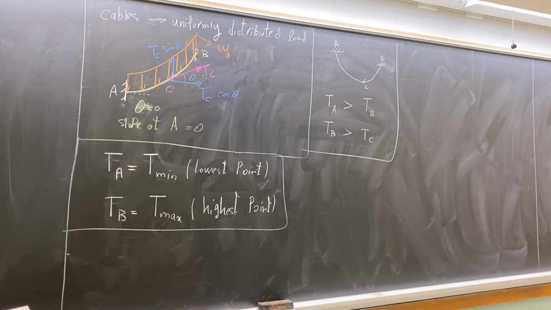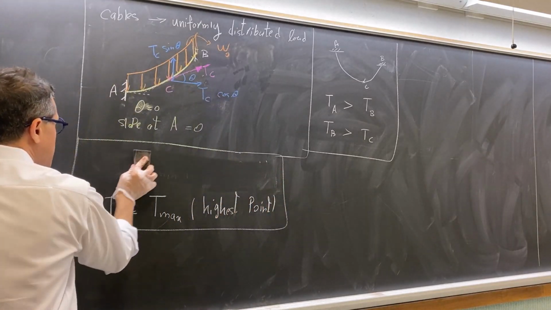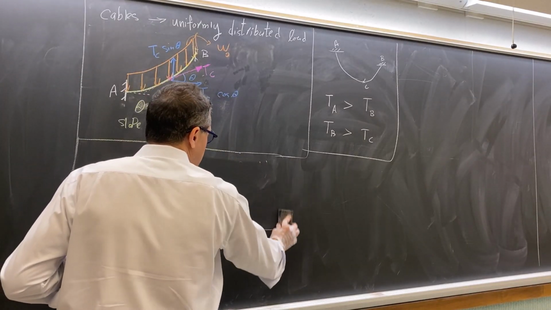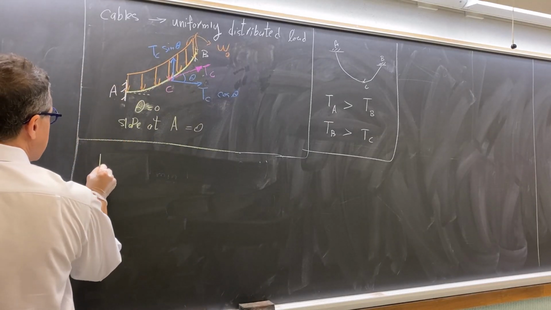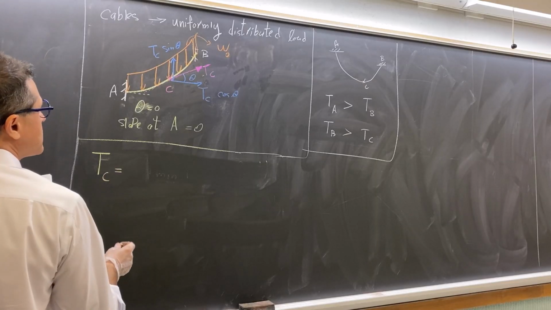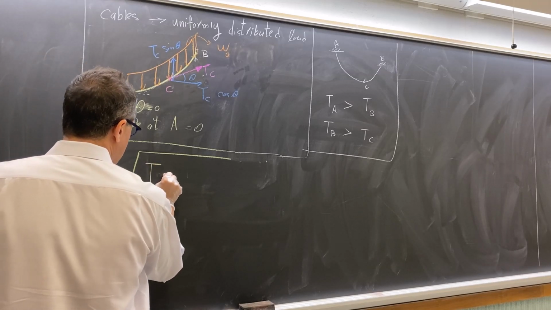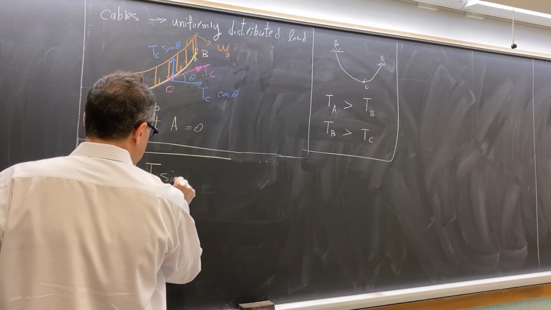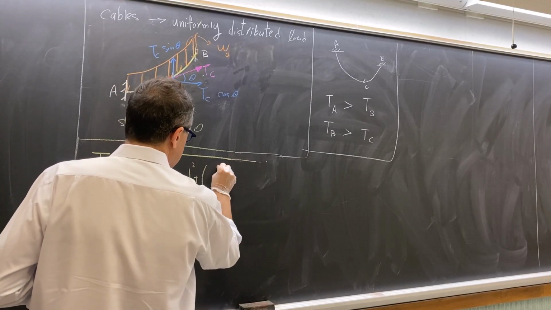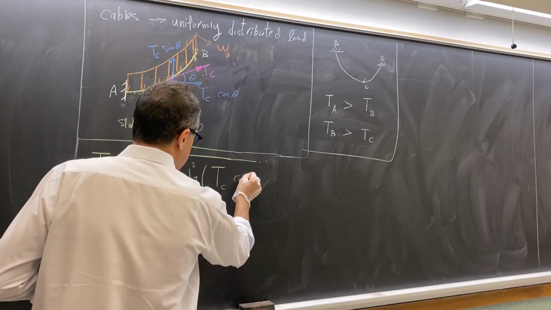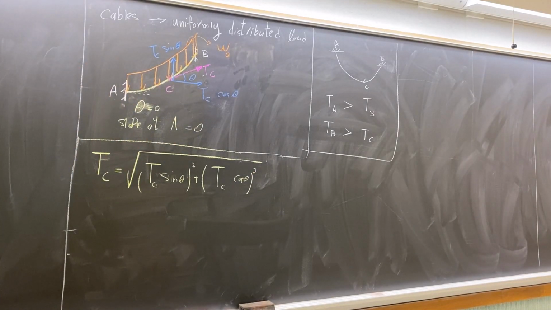So you know it from statics. Basically, the tensile force at point C is the resultant of these two components. One of them is T times sine of theta. The other one is T times cosine theta. This is what you have learned in statics.